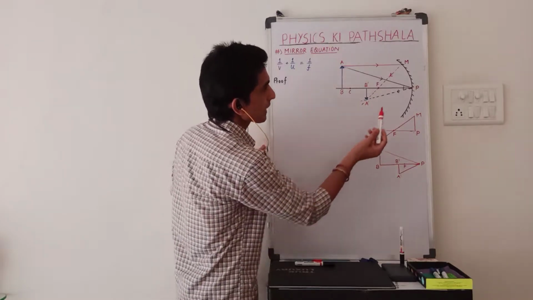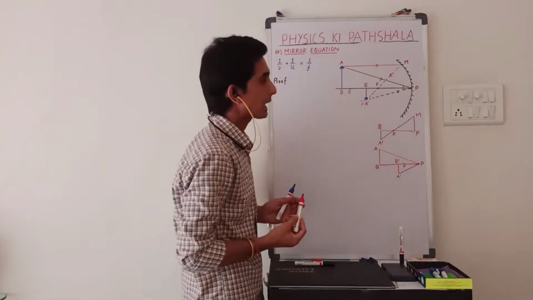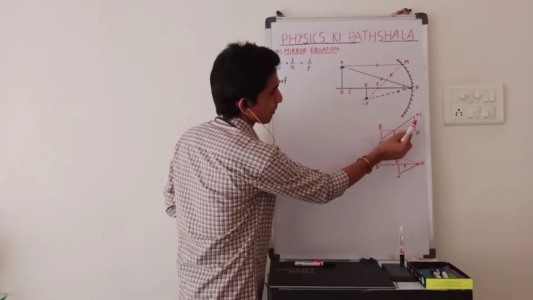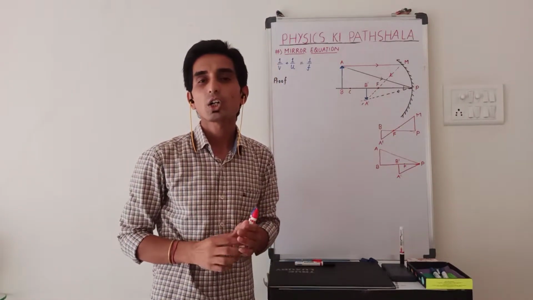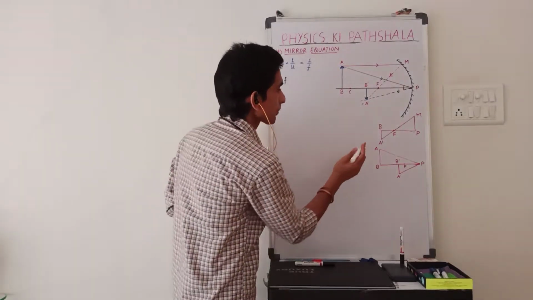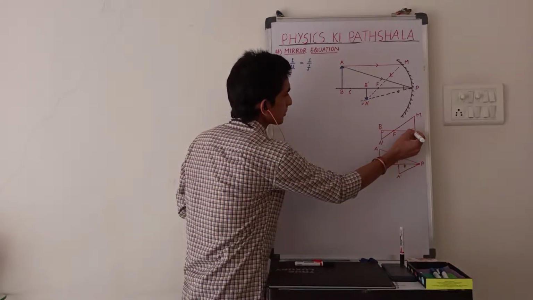One of the triangles will be MPF, and another triangle A prime B prime F. Now these two triangles, according to the geometry, are similar triangles.